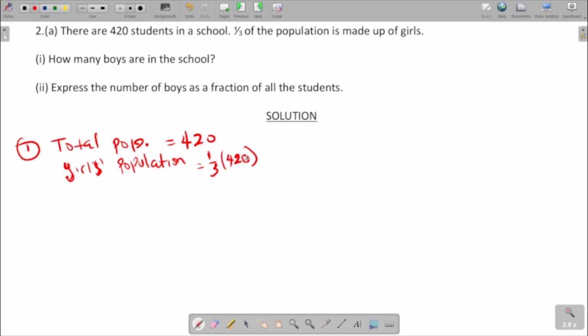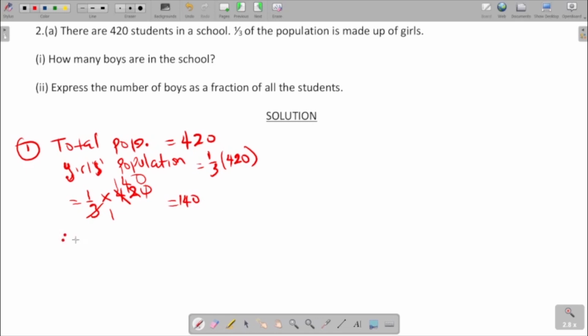1 over 3 times 420. 3 and 1, 3 and 4 gives 1, you carry the 1, add it to the 2, you have 12. So you have 140. So 140 is the girls' population.